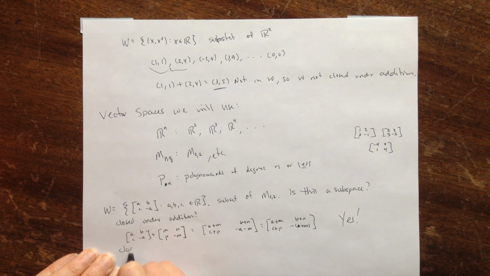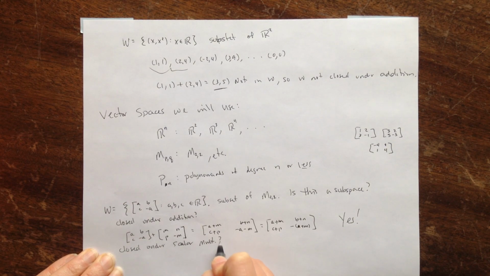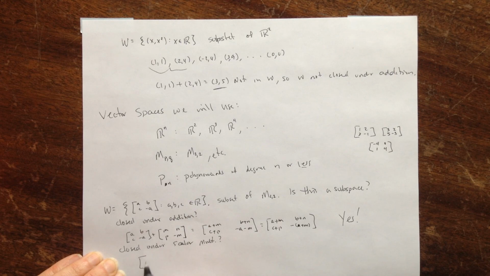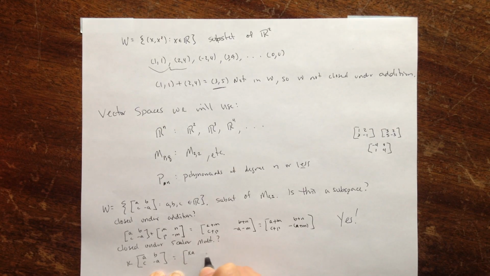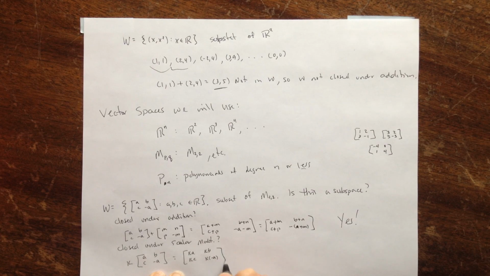And then we want to check scalar multiplication. So I'm going to take, again, a general vector in there and multiply it by a scalar. This is under the usual operations. So remember, scalar multiplication of a matrix multiplies every element in the matrix by the scalar.